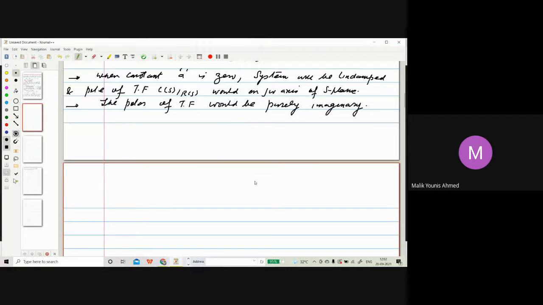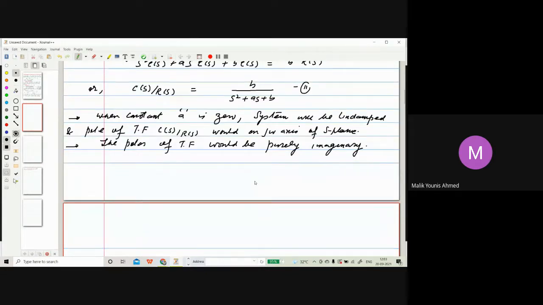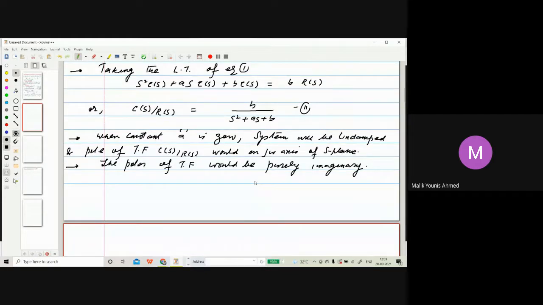Now what's happening? If poles of the transfer function are purely imaginary, then A is equivalent to 0. This is the undamped system. There is no damping in the system. Whatever frequencies we are getting will be the natural frequency. So by definition, what does natural frequency mean? Natural frequency is the frequency of oscillation of the system without damping.